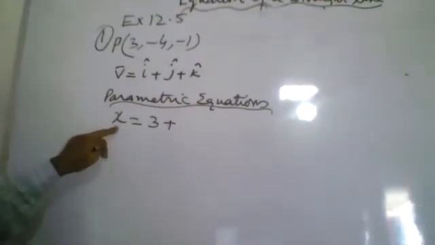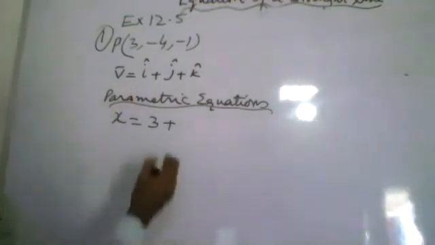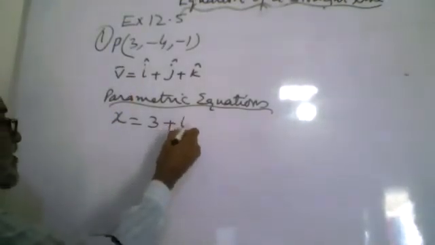So therefore we will take the i component of the vector. The i component is 1, 1i. So that is 1 into t, t.